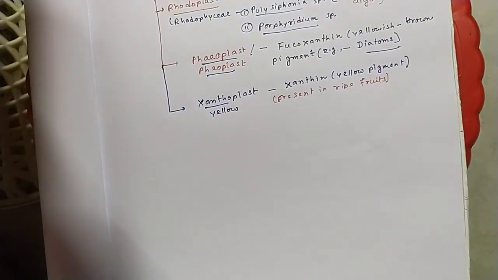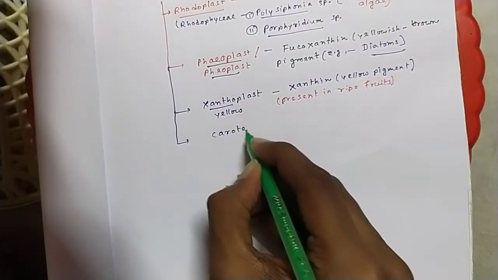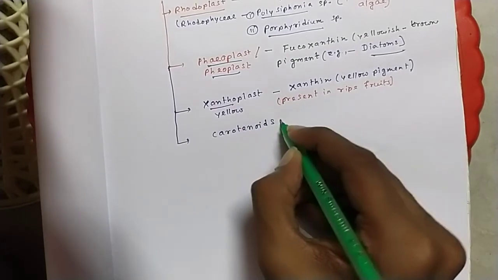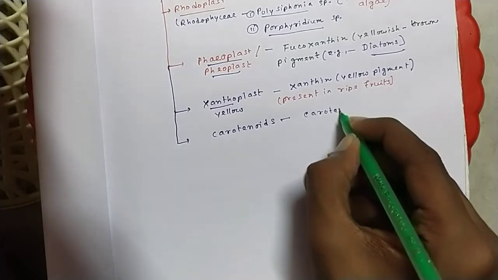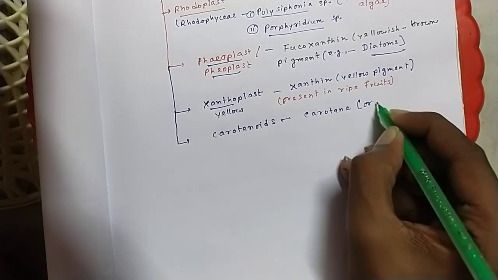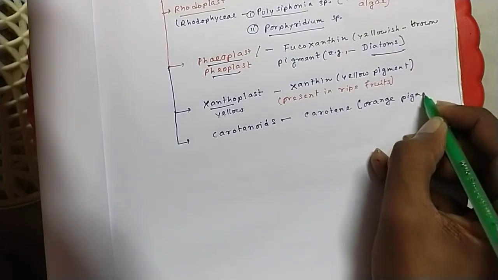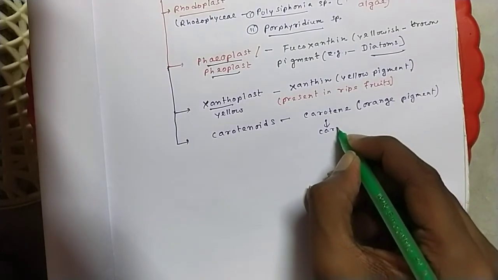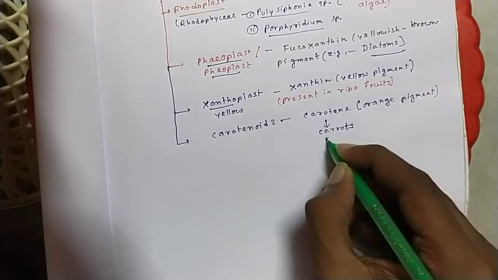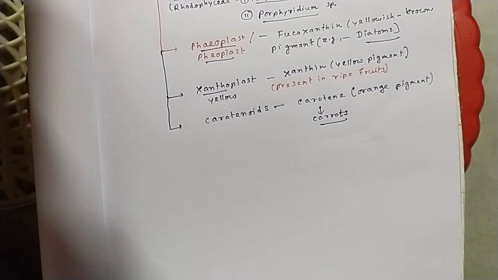After that we'll be talking about the carotenoids. Carotenoids possess carotene, which is basically an orange pigment, and because of this, carrots are colorful.